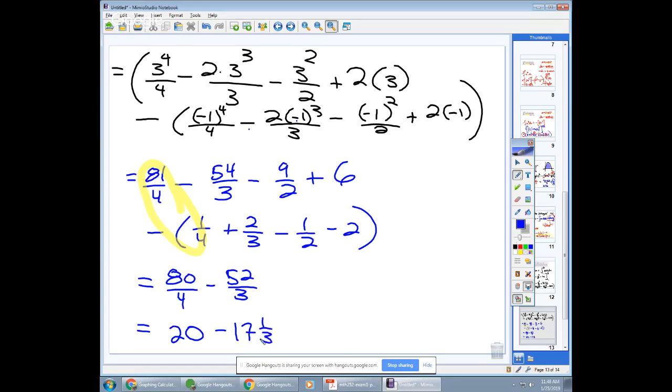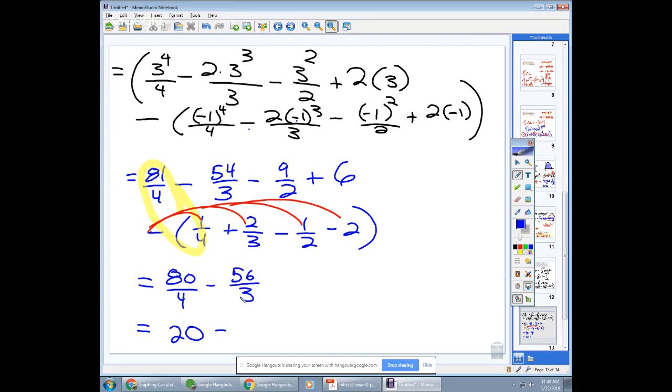Negative 9/2, ooh, I made a mistake. That's not right. Each of these needs its sign changed. That would be negative 54/3 minus 2/3, which is negative 56/3.